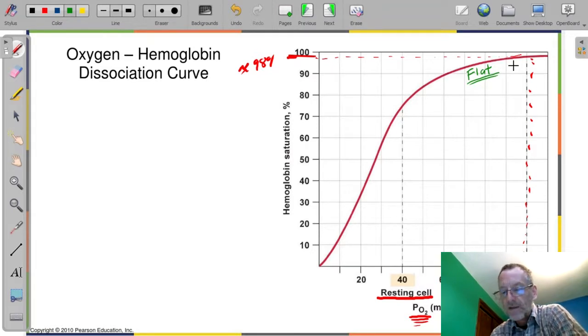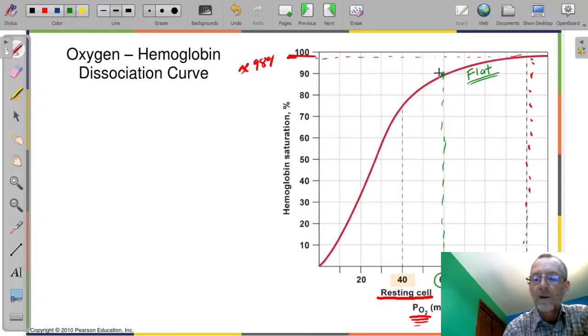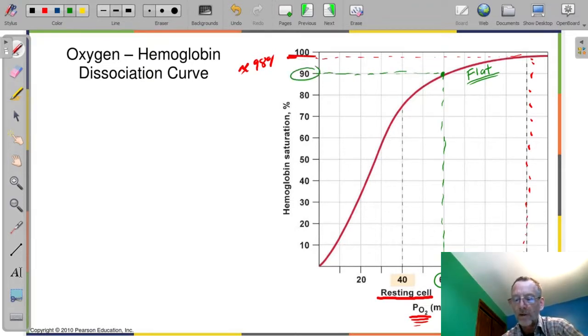So, for example, even at 60 millimeters of mercury, so if you drop by 40%, you go from 100 down to 60, how saturated is the hemoglobin? Well, you just read up till you hit the curve up here, and it's pretty close to 90%. So even though the partial pressure of oxygen has dropped from 100 to 60, hemoglobin is still approximately 90% saturated.